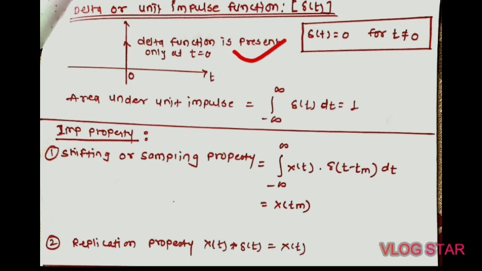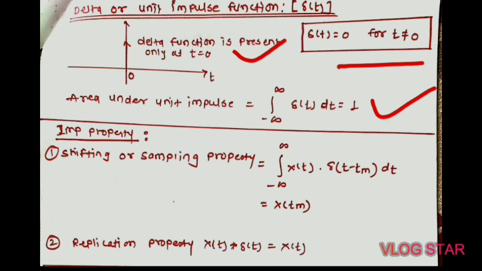Mathematically it is represented as del of t equal to 0 when t is not equal to 0, and del of t is not equal to 0 for t equal to 0. The area under this unit impulse is given as the integral from minus infinity to plus infinity of del of t dt, which is equal to 1.